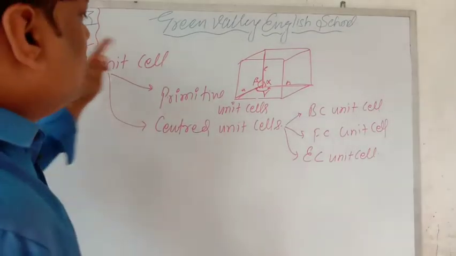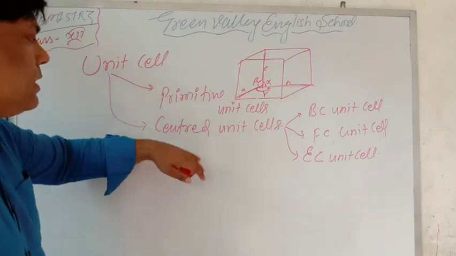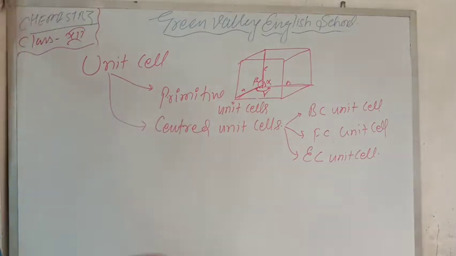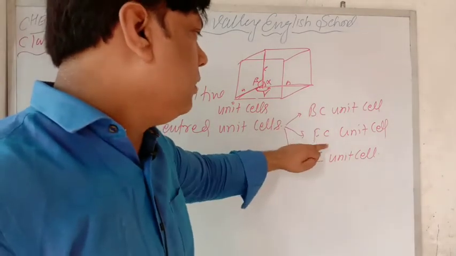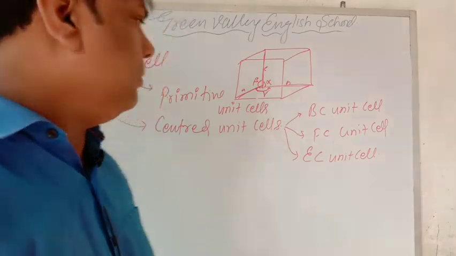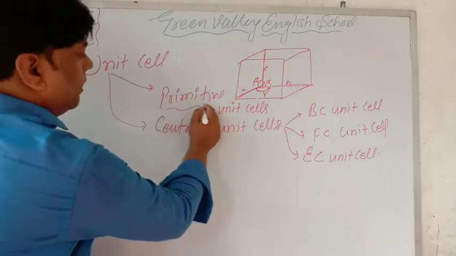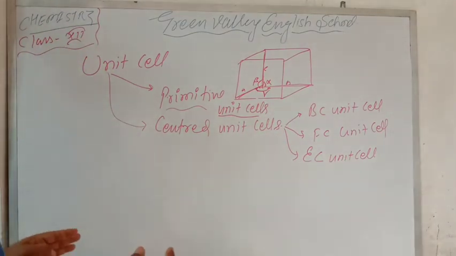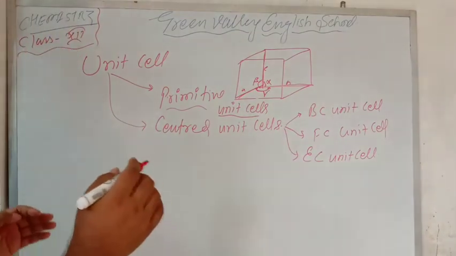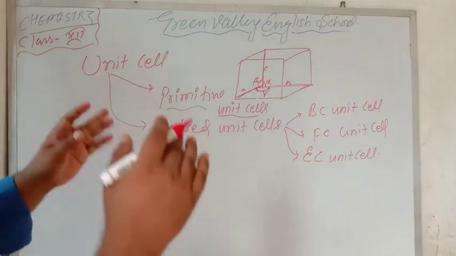Now a unit cell can be further subdivided into primitive unit cell and centered unit cell. Centered unit cells are of 3 types: body centered, face centered and end centered. Let us understand one by one. First is the primitive unit cell. A primitive unit cell is the type in which the constituent atoms are present only at the corners.